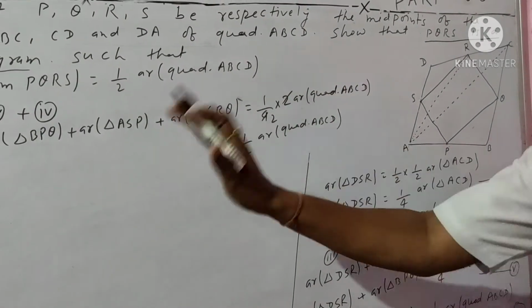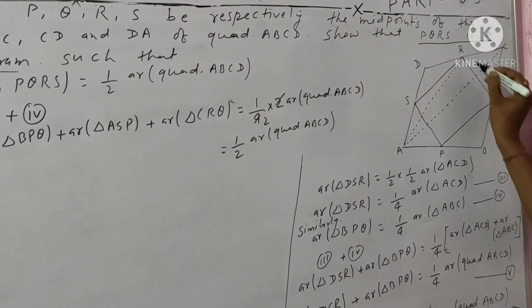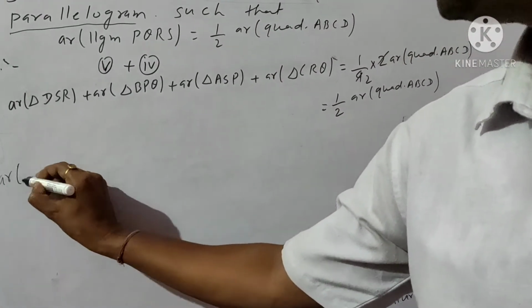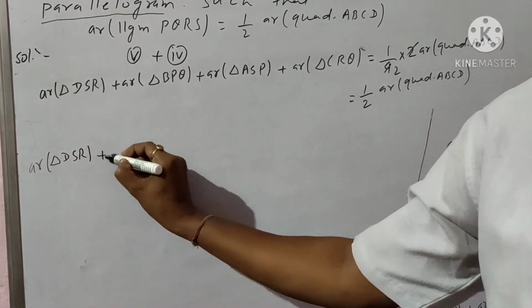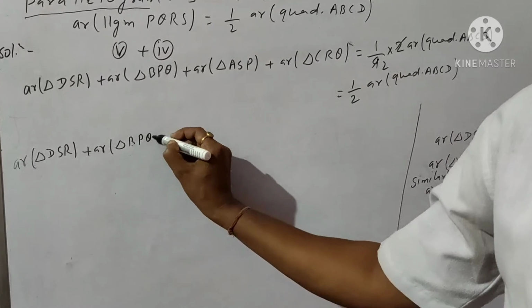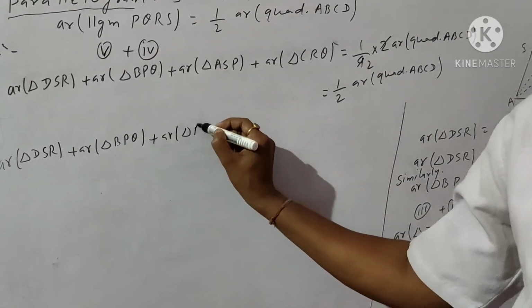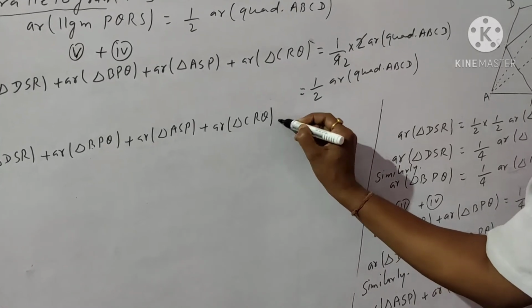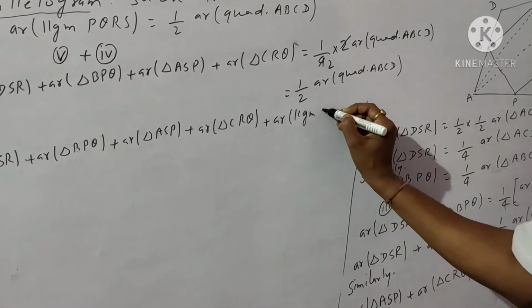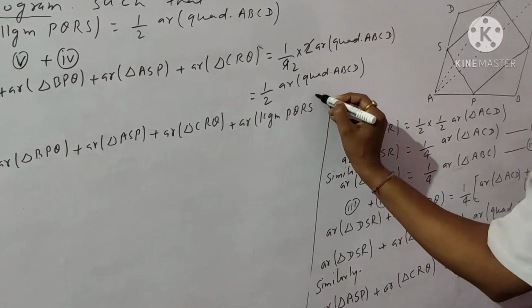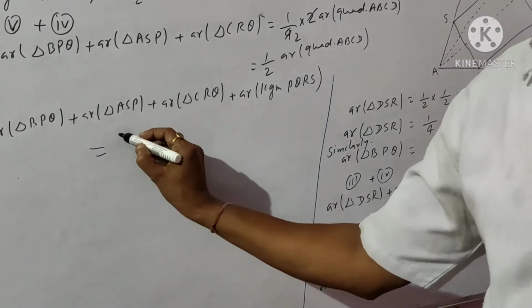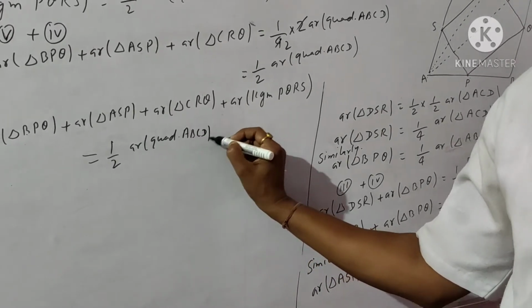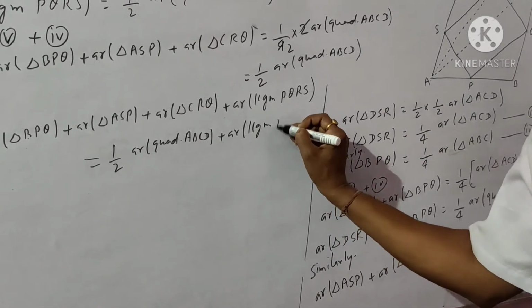Then, adding parallelogram PQRS on both sides, we can write area of triangle DSR plus area of triangle BPQ plus area of triangle ASP plus area of triangle CRQ plus area of parallelogram PQRS is equal to 1 by 2 area of quadrilateral ABCD plus area of parallelogram PQRS.